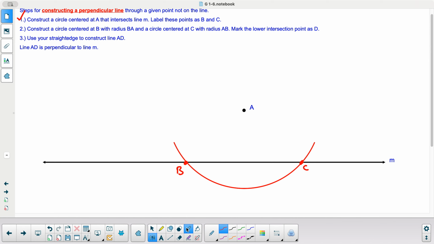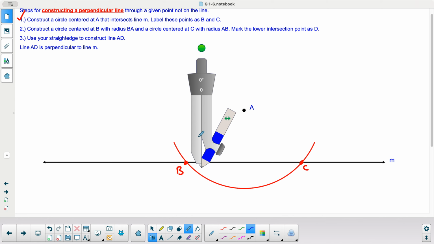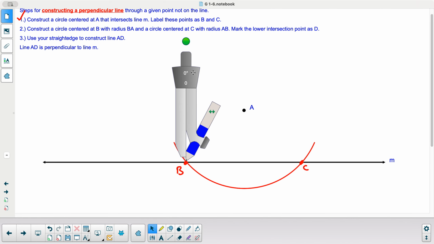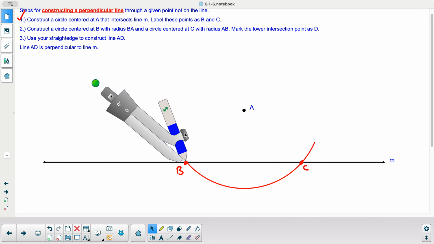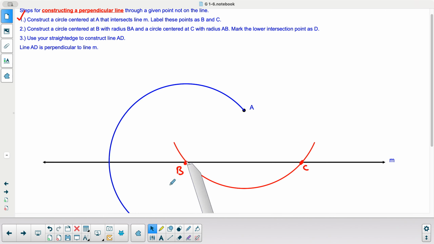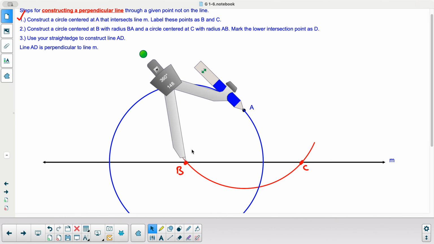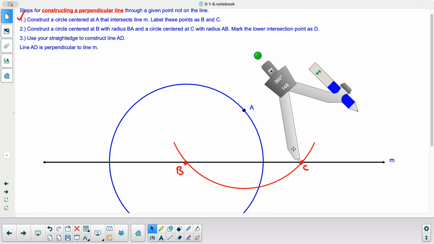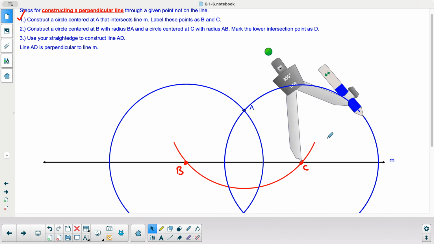Let me get a different color. Do this in blue. All right, so right there. So there's my radius. I make a center here, centered at B. Right there, I'm going to keep the same radius. I make my circle right here.